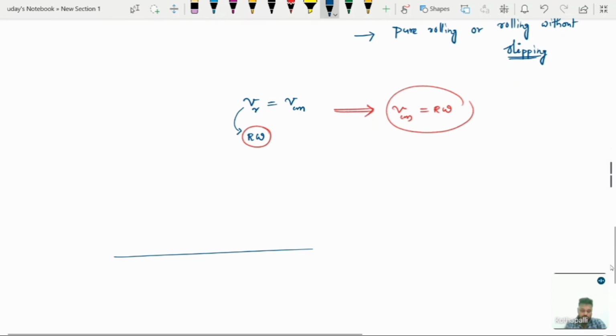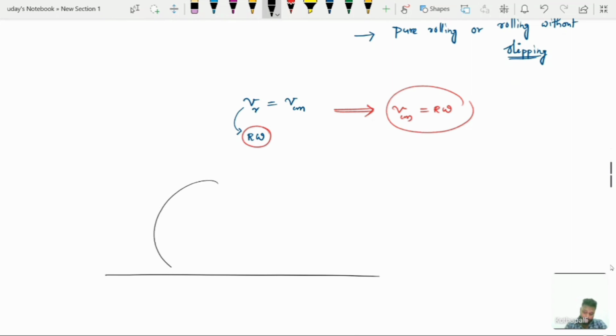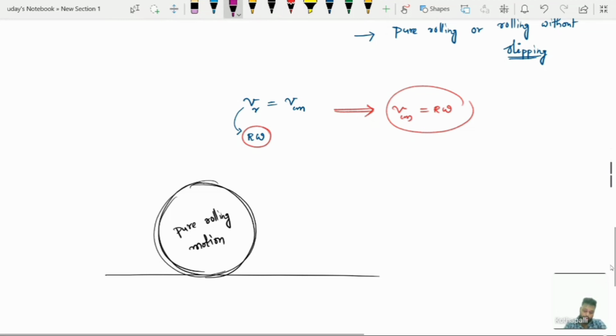If I modify the values according to the condition of pure rolling motion, considering this point, this point, this point, and this point, this will be VCM, this will be VR.